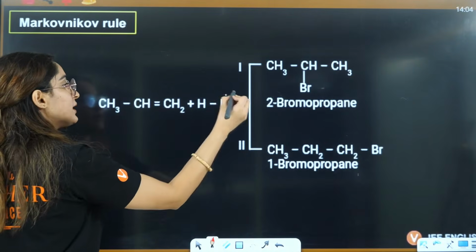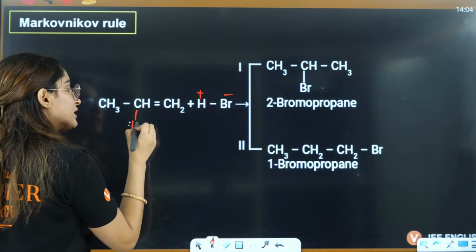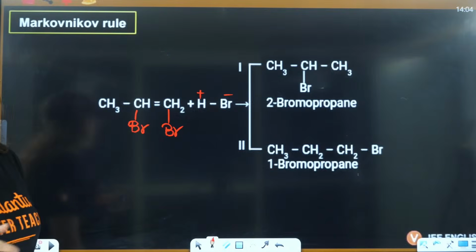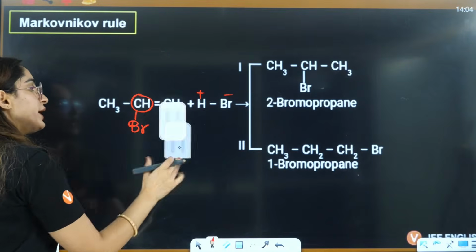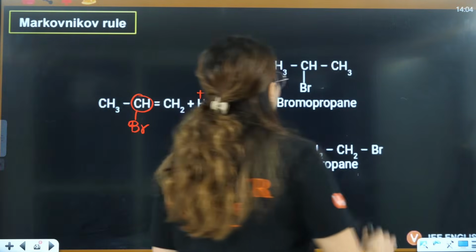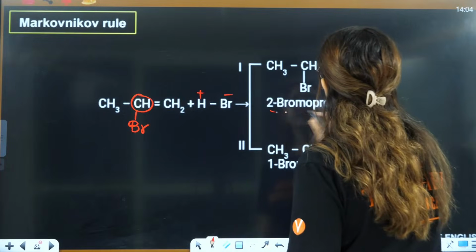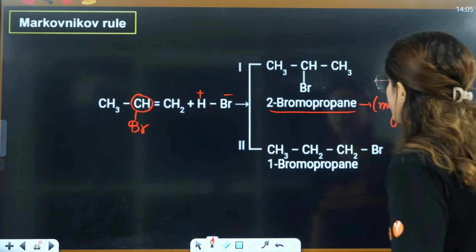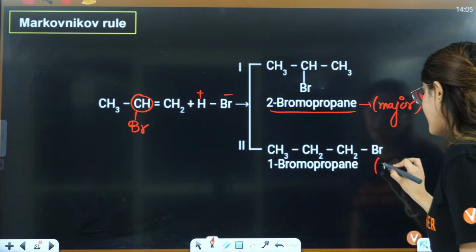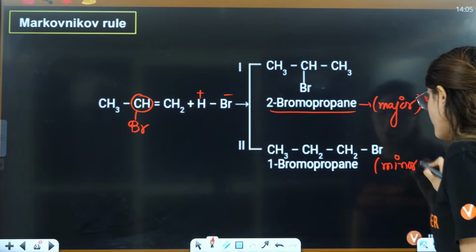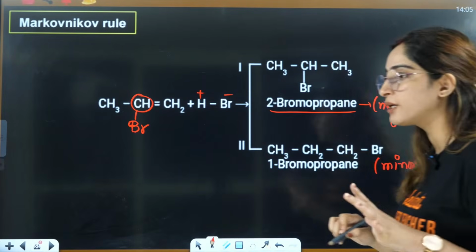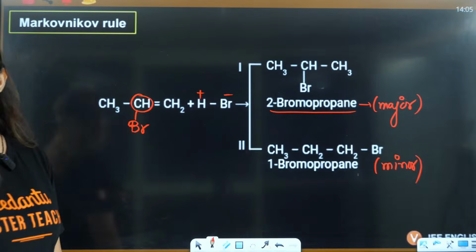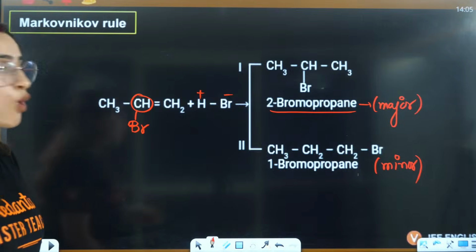Now Br negative and H positive: either Br can attach here or Br can attach here. Where you have less number of hydrogens, that is going to be the major product. And where Br is attached to the carbon with more number of hydrogens, that is going to be the minor product. So that is the reason this is major, this is minor product. That is called the Markovnikov rule.